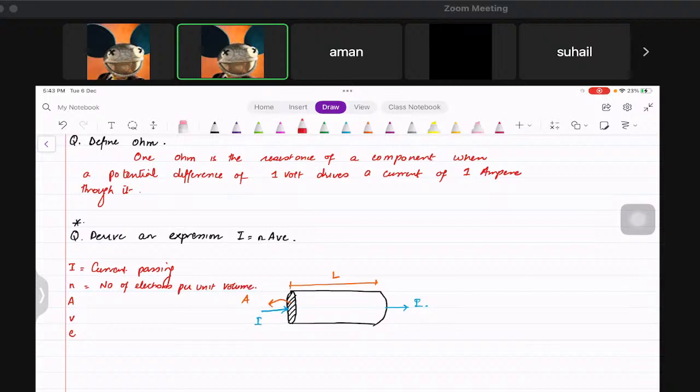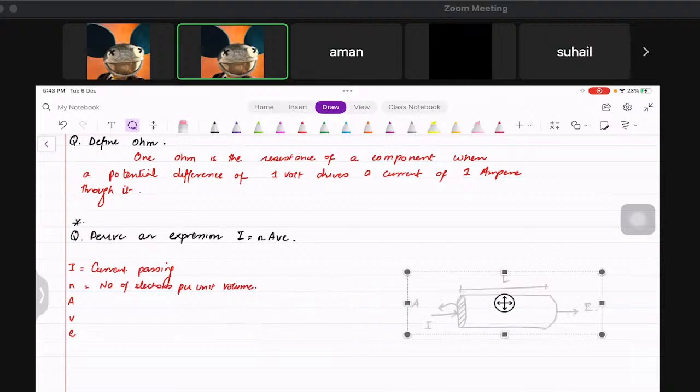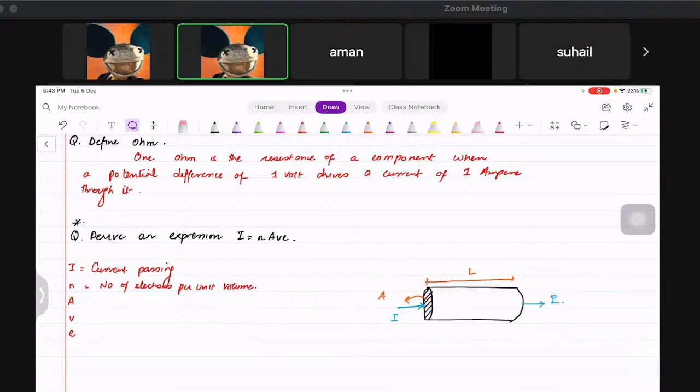Okay, let me just move this here. And I just want to tell you that sometimes the examiner also calls this the electron density.